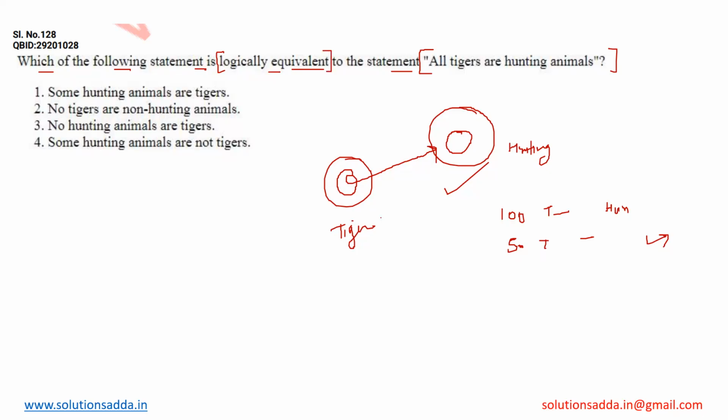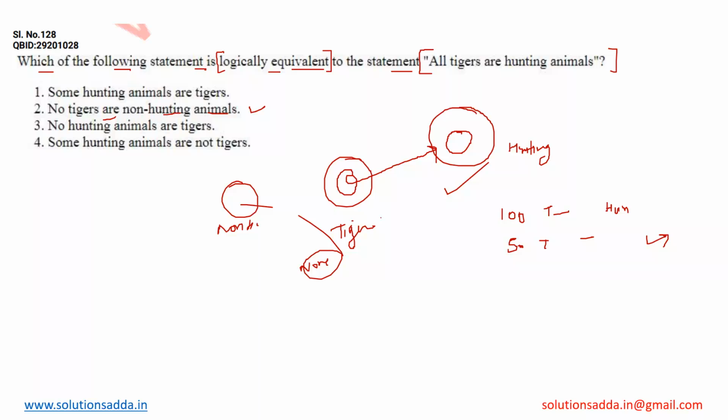So the next option is: no tigers are non-hunting elements. So there is another category called non-hunting. When we are saying that every tiger belongs to the hunting category, how many tigers are left? None. So we can say that no tigers are non-hunting animals. There is not a single tiger which belongs to the non-hunting category.